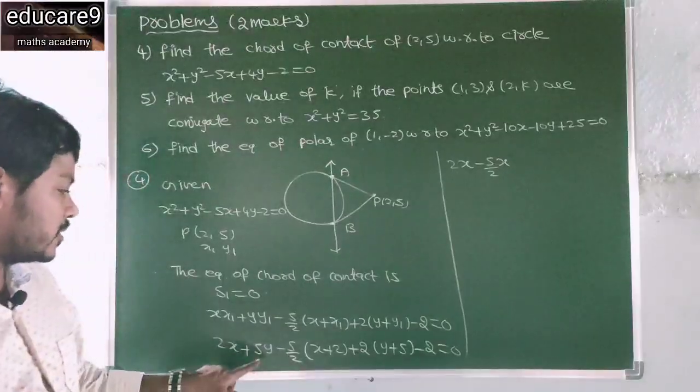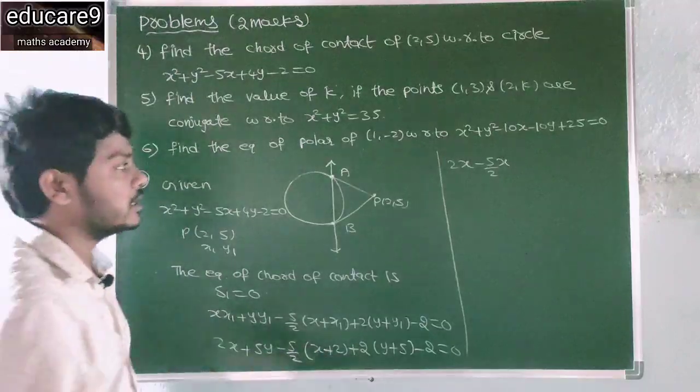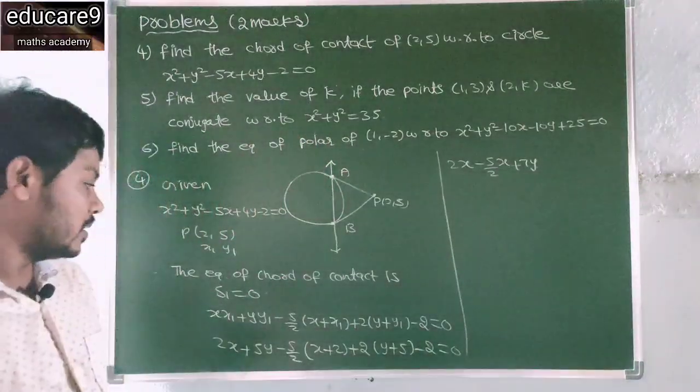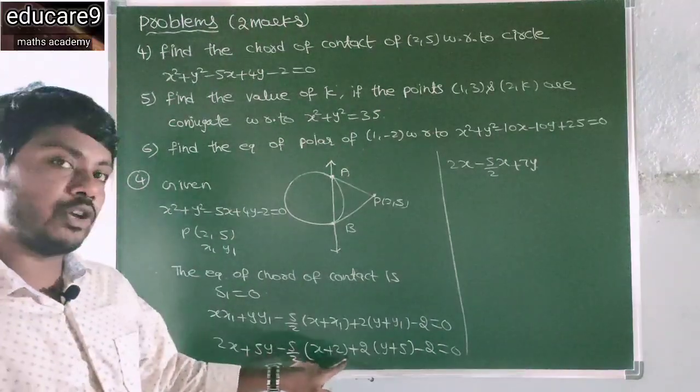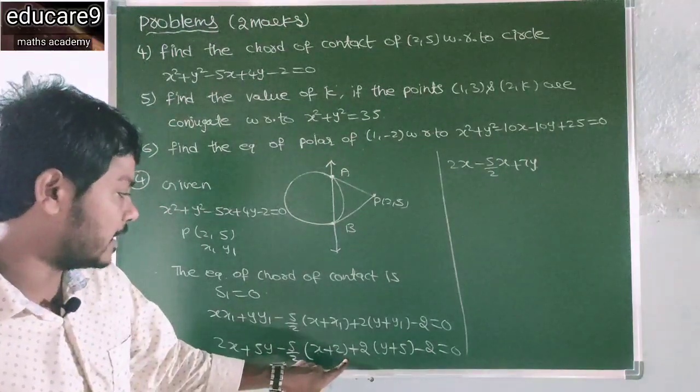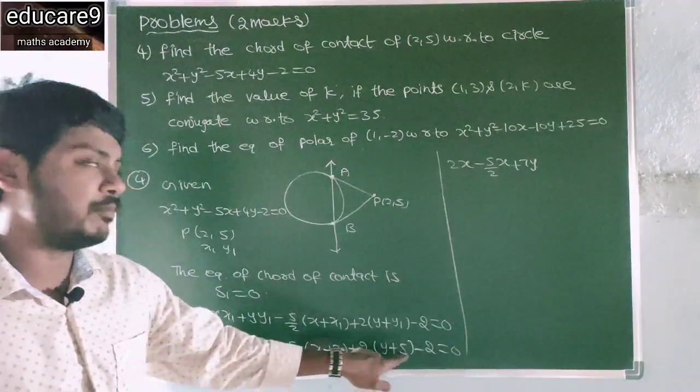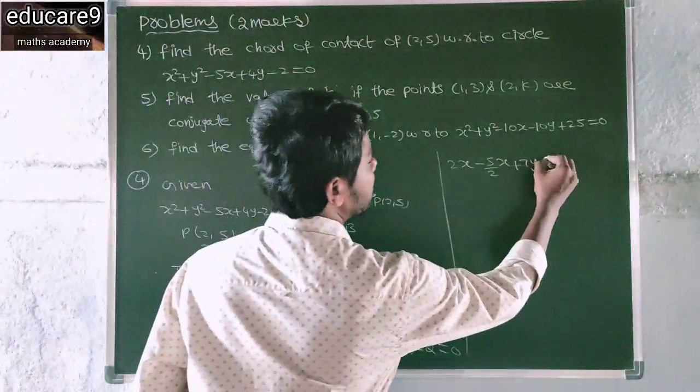So next y terms, 5y plus 2y, that is 7y. So next terms, minus 5 by 2 into 2, you will get minus 5. Next, minus 2, minus 7. Minus 7 plus 10, that is plus 3.